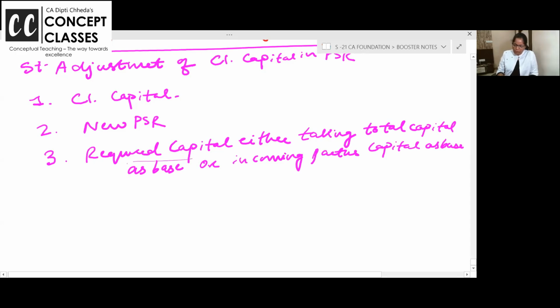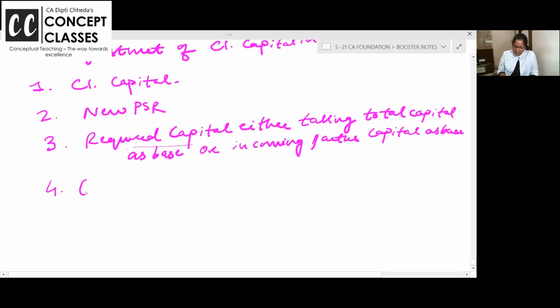So this is your required capital. Closing capital and required: this difference, adjust it. Where will you adjust the difference?